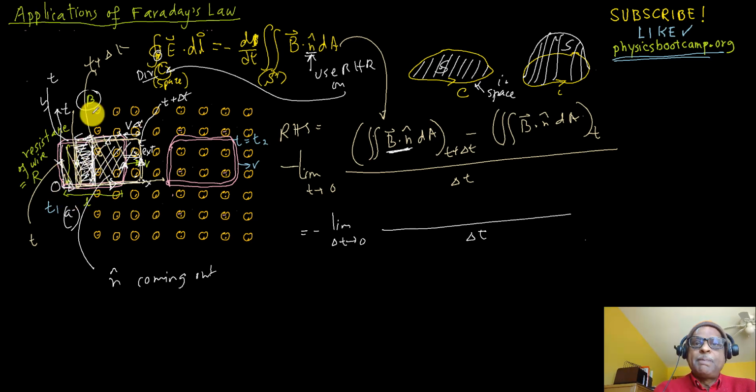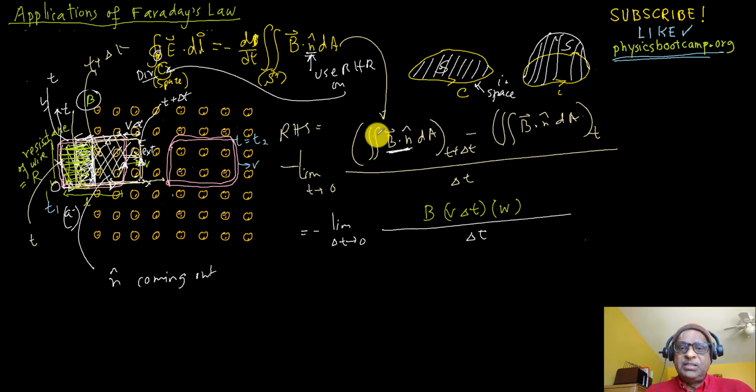Earlier, this whole area used to be non-zero, and this area used to be 0. Now you have just a little bit of this 0. So this whole thing will become B dot v delta t times this width, which I'm calling w. That will be the change between these two, and so delta t will cancel out, and it's going to be minus B v w.